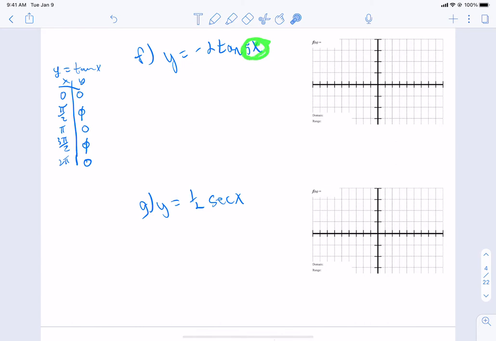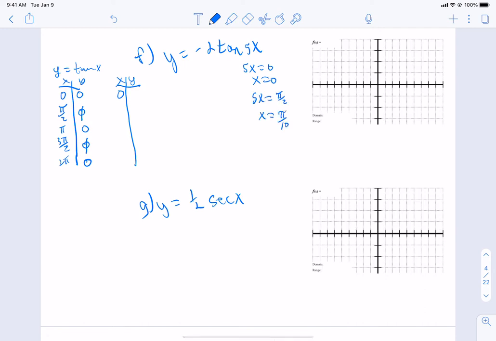Well, this, because it's on the x, is going to change our x's. So let's set all of the x's equal to 5x. So 5x equals 0 gives me 0. So we still start at 0. 5x equals pi over 2. Divide that by 5. Well, how do you do that? Well, just take the 5, multiply by 2.